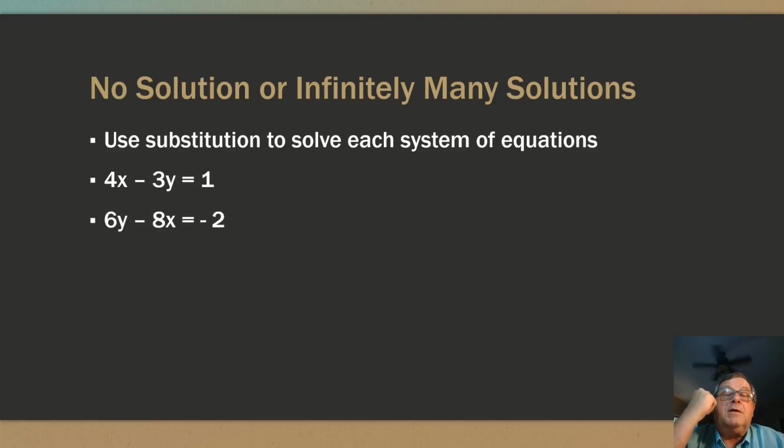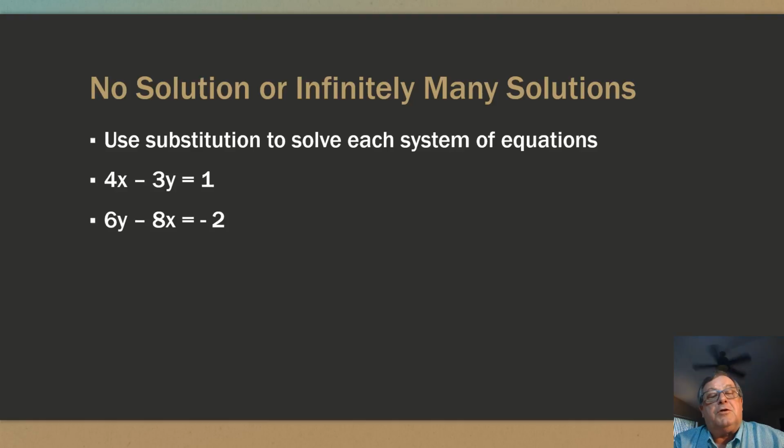All right, here I have 4x minus 3y equals 1 and 6y minus 8x equals negative 2. There's a couple of ways I could go about doing this. Well, let's say I want to get one of these variables isolated so I can substitute, and neither one of them is easily going to occur.